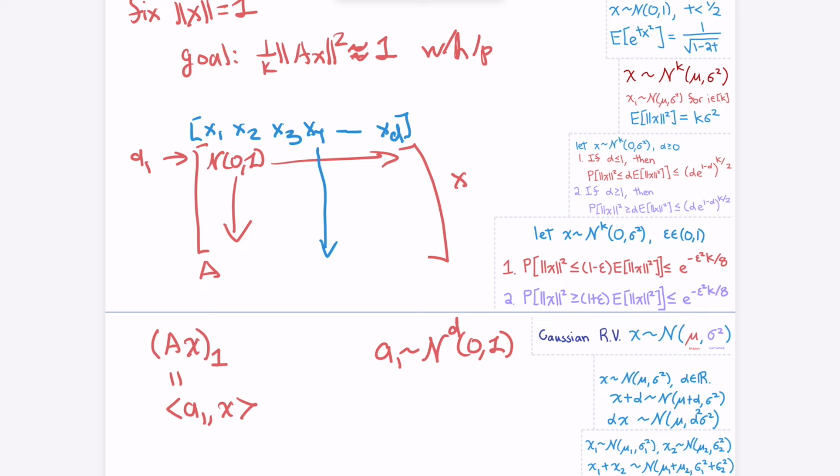What does this look like? It's the summation of the components, a1i xi, for i equals 1 to the dimension. If we write out the inner product, this is what it literally means, right? But what is this?